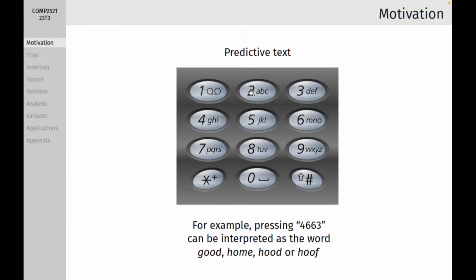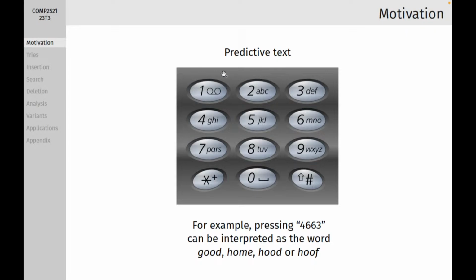If you press the 2, that could mean A, B, or C. When you press 3, that could mean D, E, or F, and so on. So in order to type a word, you press the buttons containing the letters in the word that you want to type. For example, if you want to type the word good, then you would press the keys 4, 6, 6, 3, right?